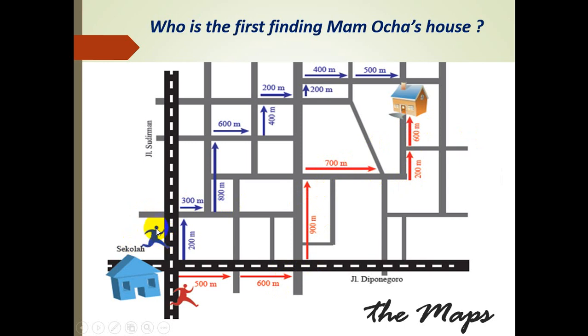Tagor started from this point. So this is 2 plus 3, 5, 13, 19, 23, 25, 27, 31. This is 36. So the total distance is 3,600 meters. So do you know who is the first to find Ma'am Ocha's house? The answer is Ucok. Yep, that's right.